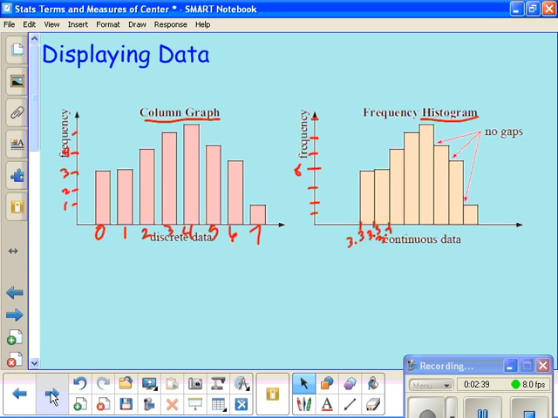Displaying data. We can display data in several different ways. Here you see a column graph. Not a bar graph. A frequency histogram. Notice the difference between them. Column graphs have spaces between the columns, typically used for discrete data, and histograms are used for continuous data. They have bins.